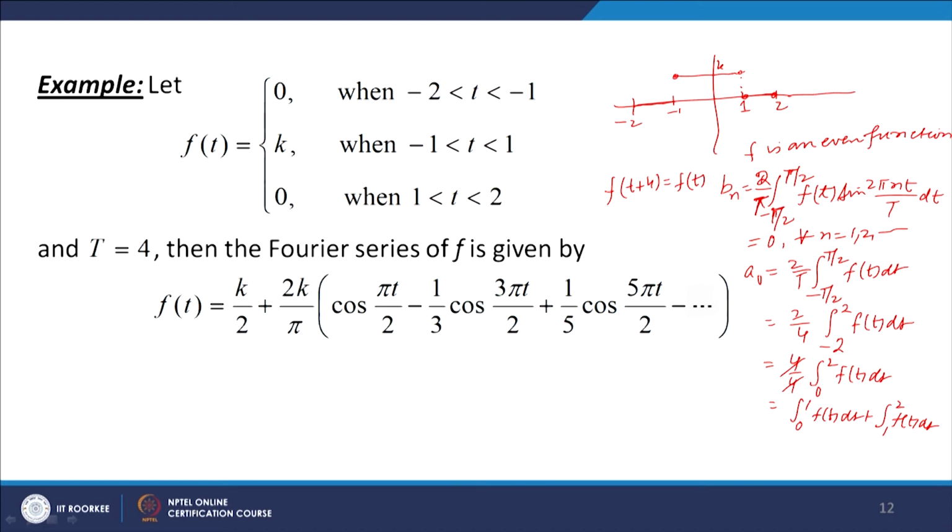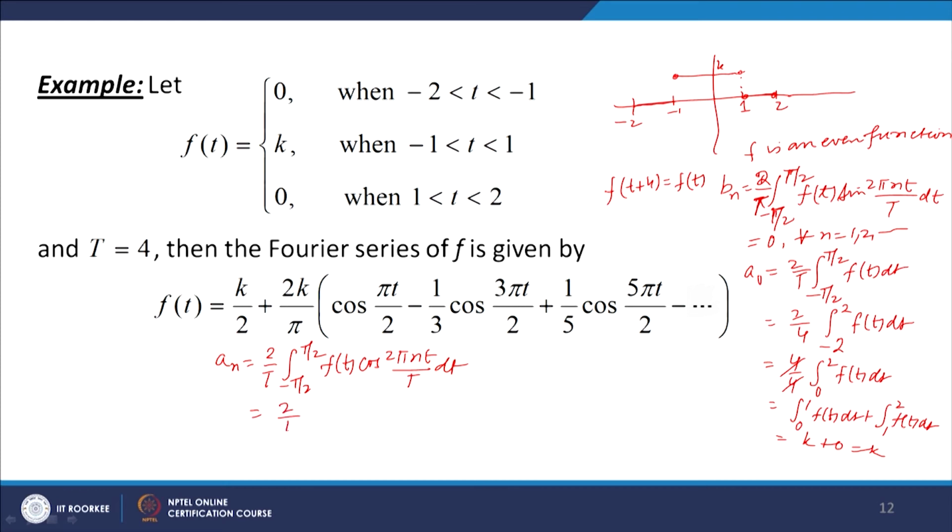Over 0 to 1, f is equal to k. So, we have integral over 0 to 1 of k dt, so this is k, and the integral over 1 to 2 of f(t) is 0. So, a naught is equal to k. Similarly, we can find an equal to 2 over T integral from minus T by 2 to T by 2 of f(t) cos(2 pi n t divided by T) dt, and this is again with T equal to 4.